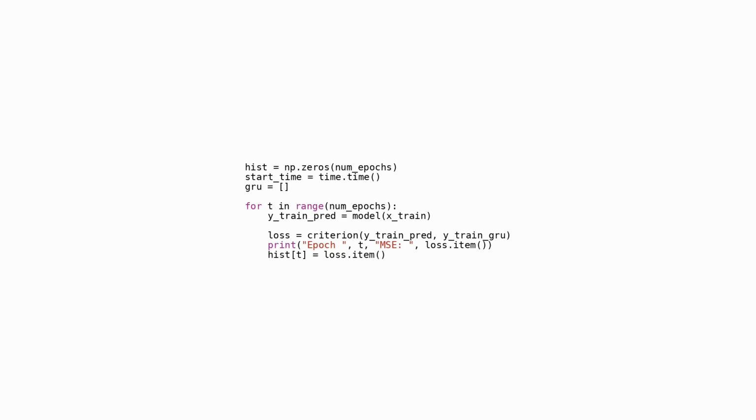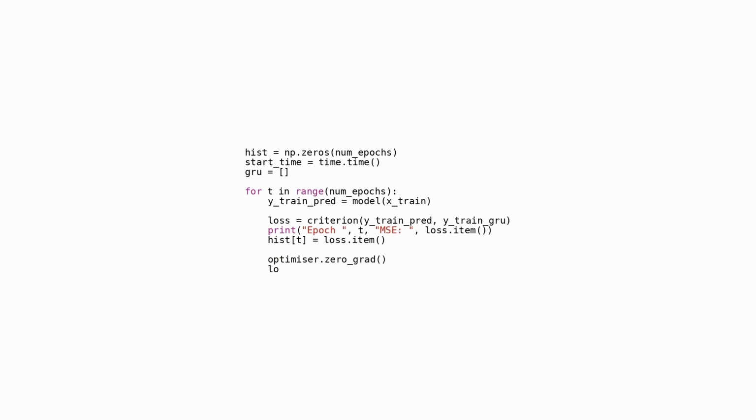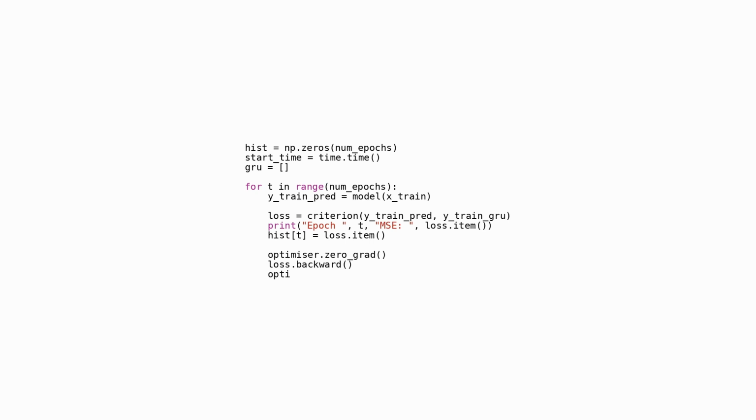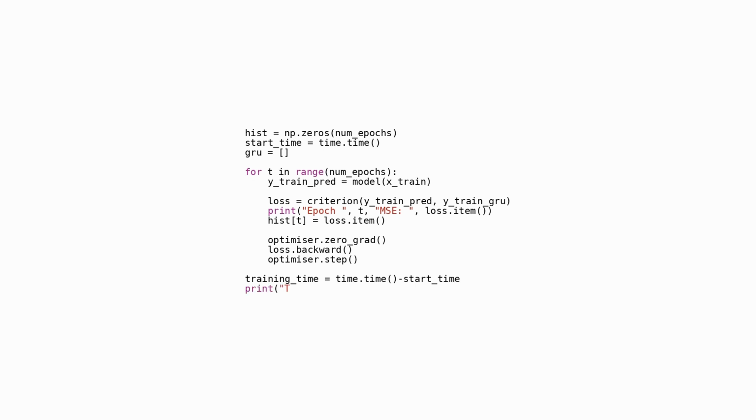By invoking loss.backward, the gradients of the model's parameters are computed concerning the loss through backpropagation. To ensure a clean slate for each iteration, the optimizer's gradients are reset to 0 using optimizer.zero_grad, and the model's parameters receive an update by executing optimizer.step, which adjusts them based on the computed gradients. Upon the conclusion of the training loop, the overall training duration is determined by subtracting the starting time from the current time.